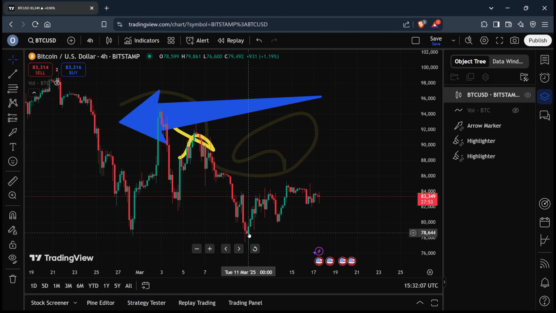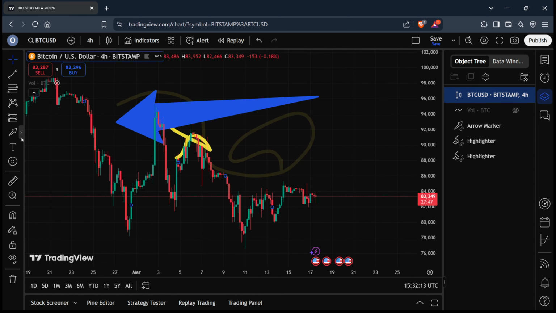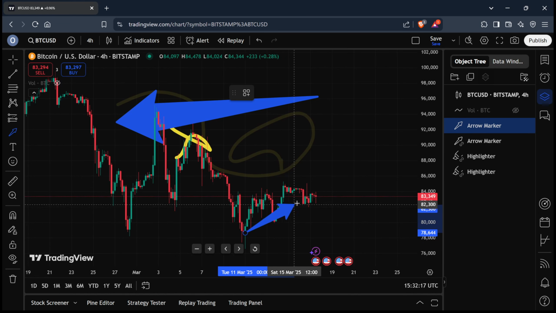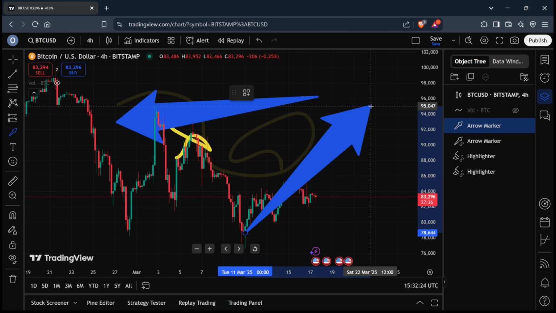If you ever want to do that for some reason, you click and hold left click. Oops, let me get the tool going again. You don't have to click and hold. You just left click once, move your mouse around, and when you find the spot you want the arrow to be, you left click again, and there it is. If you want to throw it away, you could throw it away.